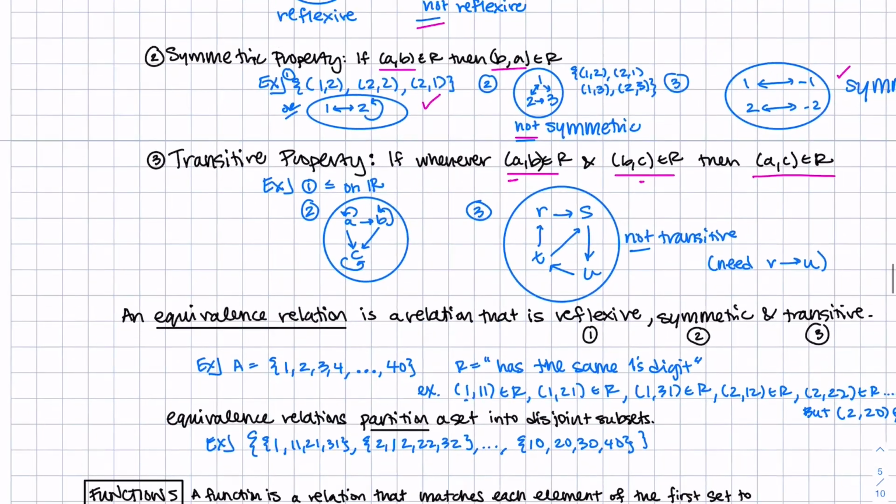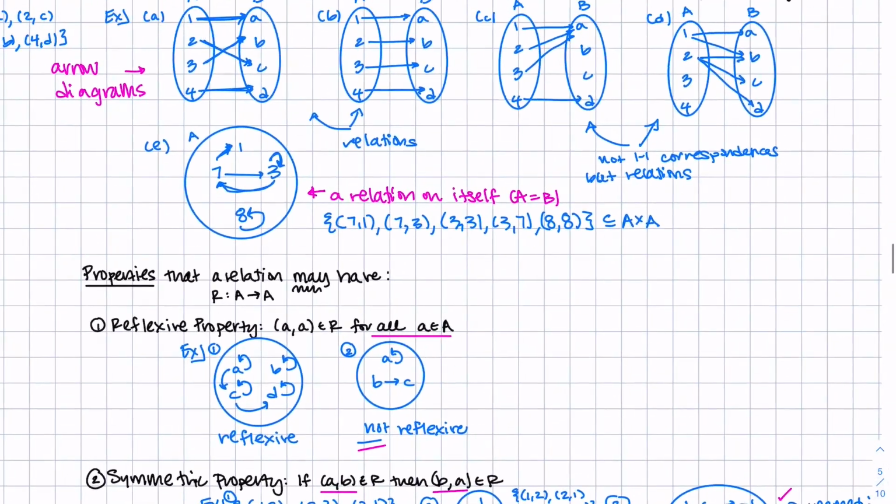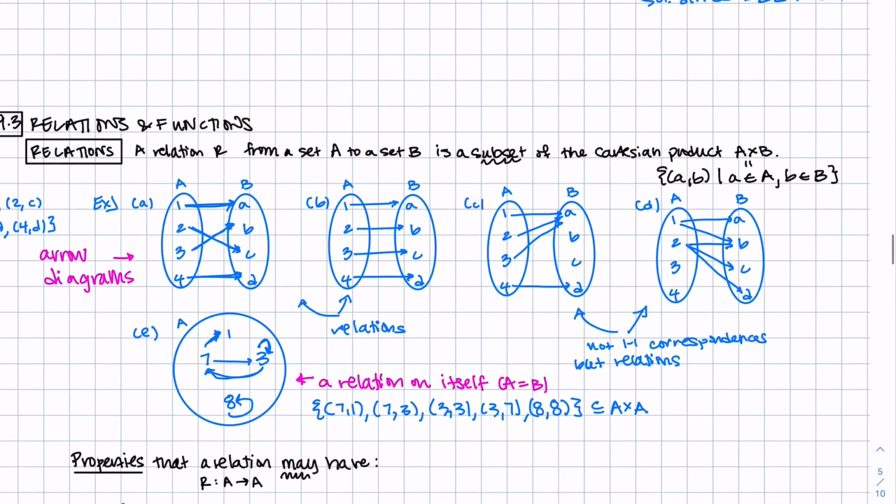So let's look back at our original examples of relations. We said all of these examples, A, B, C, D, and E, are examples of relations. However, they're not all going to be examples of functions, okay?